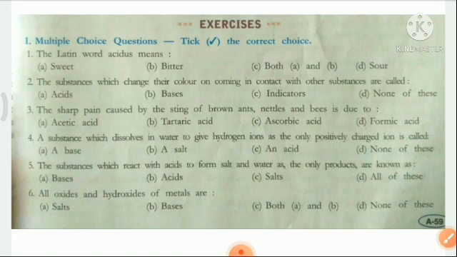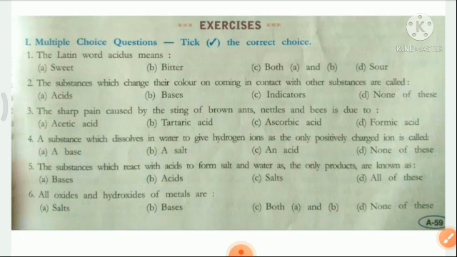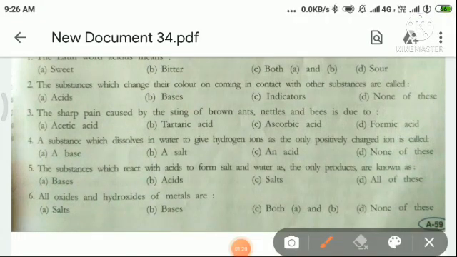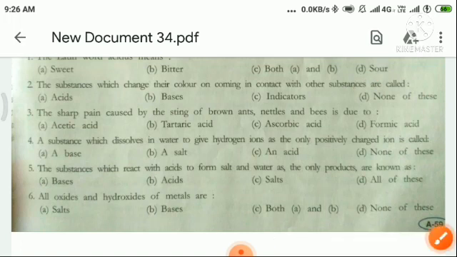Now first look at the multiple choice questions. The first question is: the Latin word acidus means what? It is already given in your book.